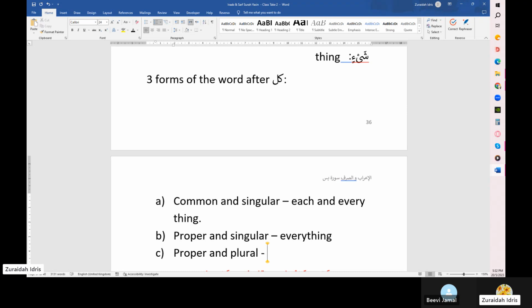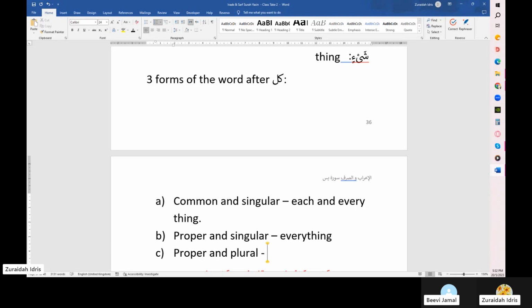What is a special plural that we know of? Like the broken plural, for example. Yeah, you mean this sort of plural. So like this one, masajid, you mean? Yeah, broken plurals.